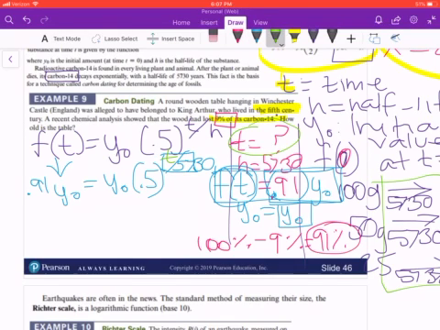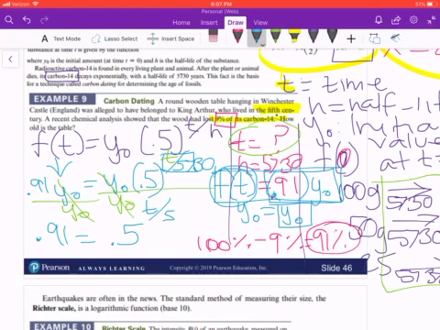Now the first step we're going to take is to divide by y sub 0. We could do that on both sides. So we see that it will cancel on both sides because they equal 1. And we'll have 0.91 is equal to 0.5 to the power of t divided by 5,730. So what we're going to do now is take the natural log on both sides. Remember, this is 0.5.